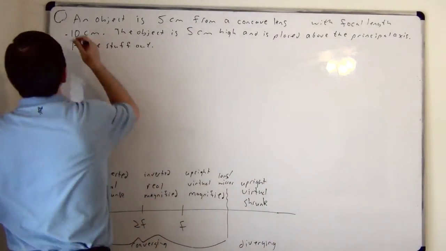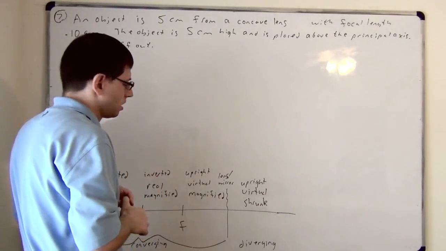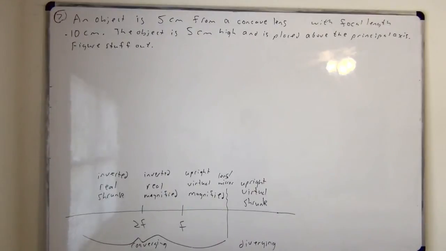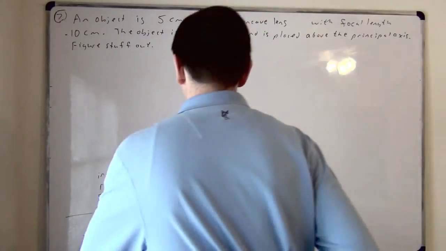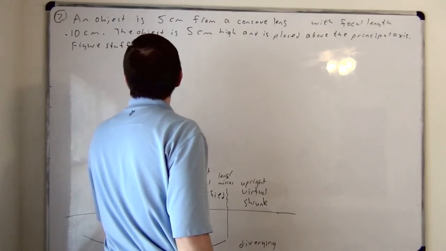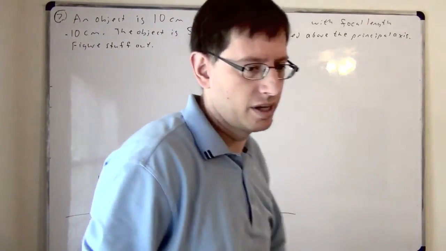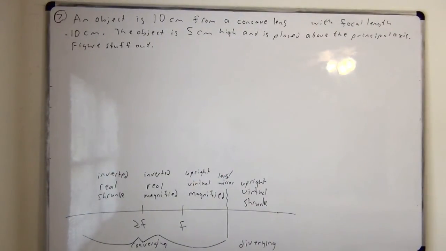All right, so now let's try number 7. Let's call this 10 centimeters. So it's a concave lens.